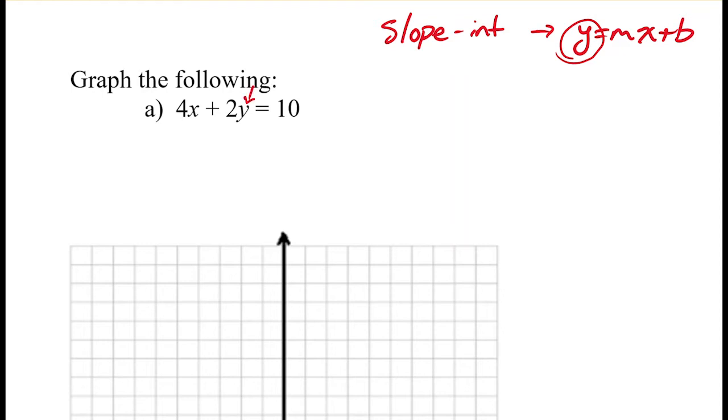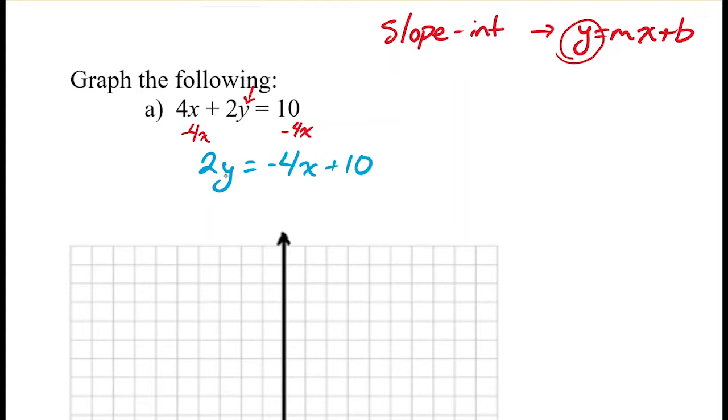If we want to isolate for our y, we're going to have to move the 4x over. So I'm going to subtract 4x on both sides. Subtract 4x, subtract 4x. And I'm going to end up with 2y equals negative 4x plus 10.